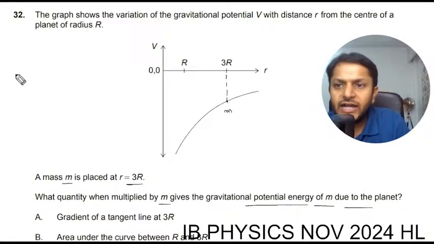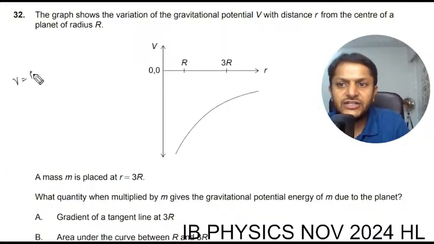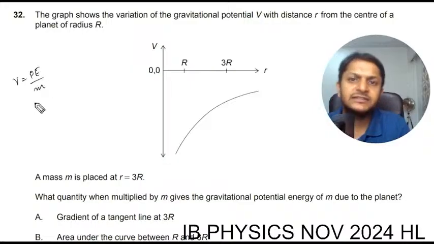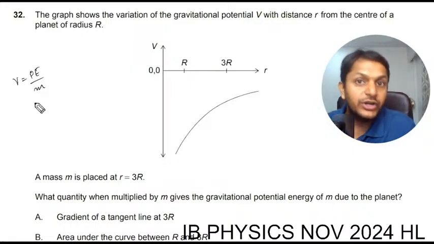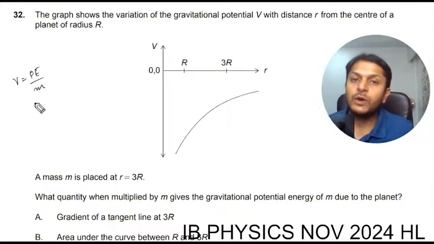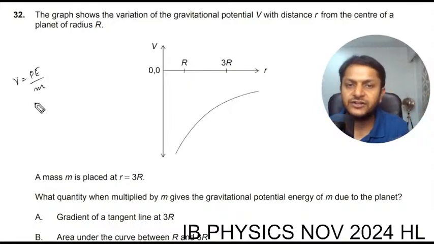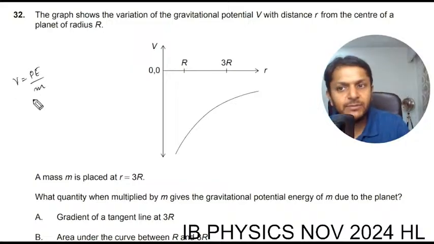So clearly we know that the formula for the potential is given as potential energy divided by the mass m. As I told you, it is per unit mass, isn't it? Like mass was supposed to be 1 kg, or you can say it is the total potential energy of the system per unit mass of the test mass, isn't it? So PE by m.